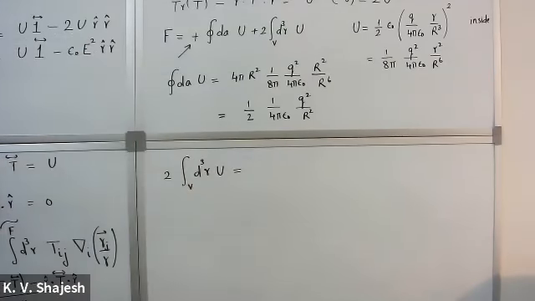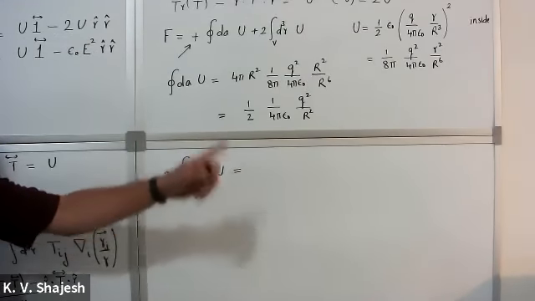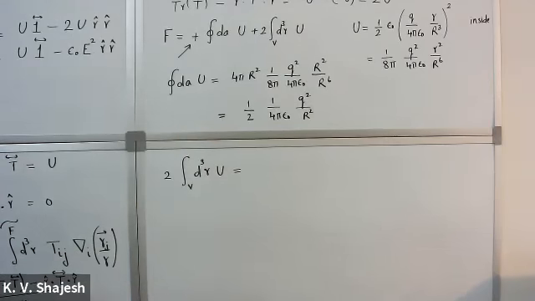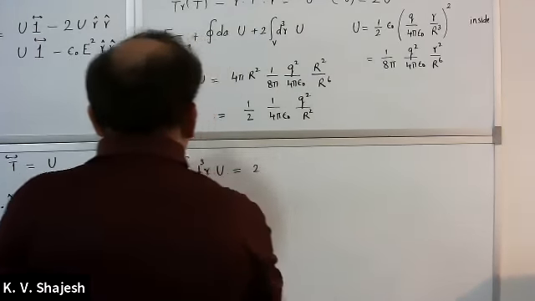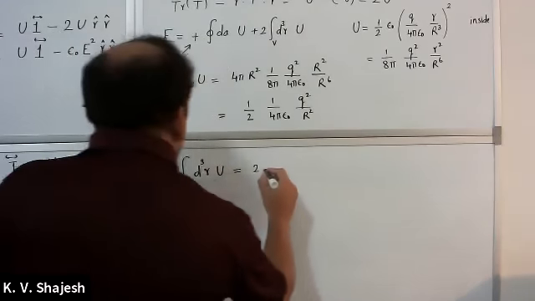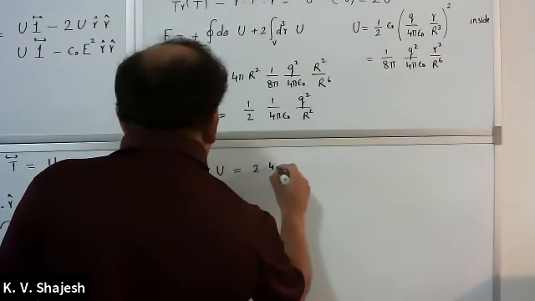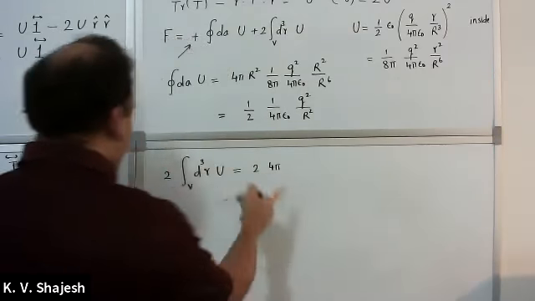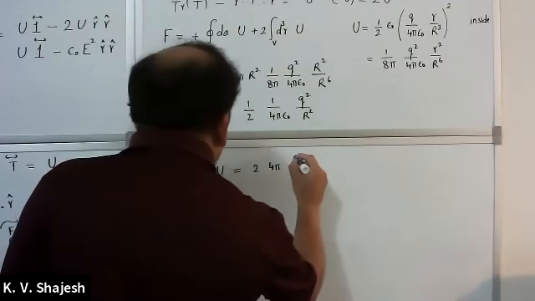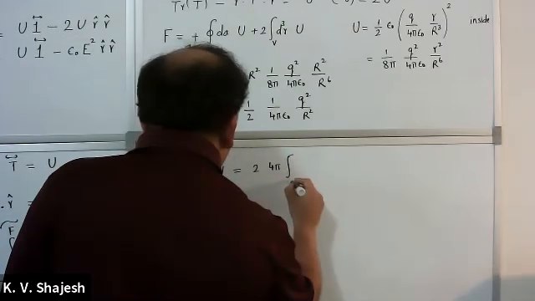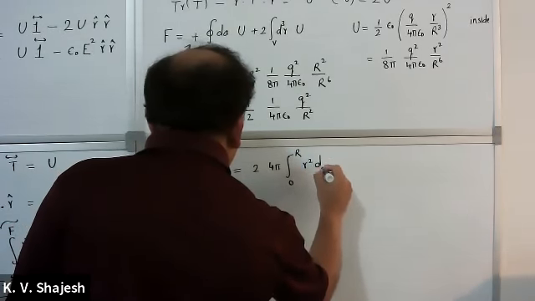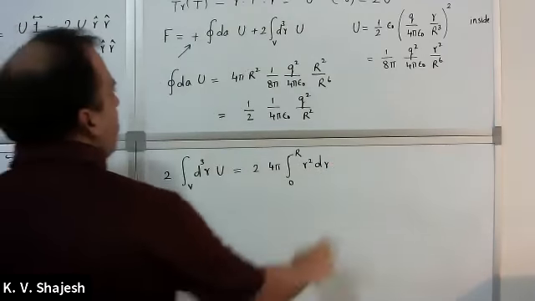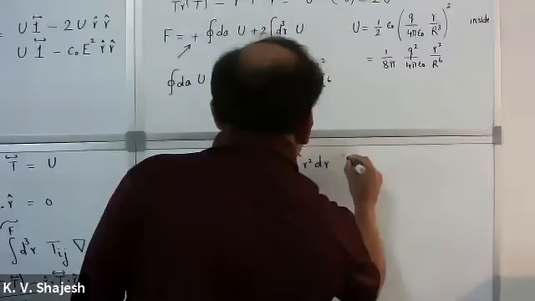Since I'm inside the volume V, I can still use the expression that we calculated for inside the sphere. So that's 2. There is no angular integral, the angular d theta and d phi just give you a 4 pi. And the radial integral is 0 to capital R, r squared dr. And the expression for u, which is right here, we have.